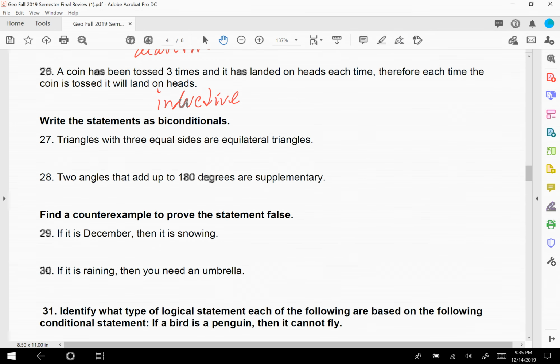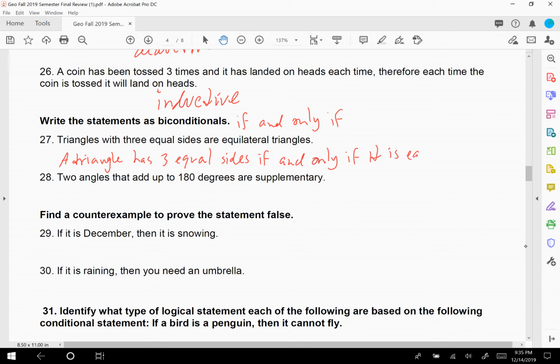Okay, next thing. Write the statements as biconditionals. Remember, biconditionals have that if and only if wording. Okay, triangles with 3 equal sides are equilateral triangles. So you can say a triangle has 3 equal sides if and only if it is equilateral.